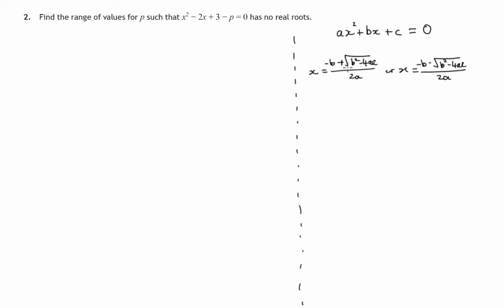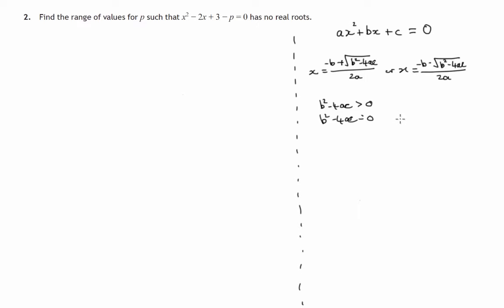However, when we look at what we're adding and subtracting, it's the square root of b squared minus 4ac. And if b squared minus 4ac is greater than 0, then we will be adding and subtracting a positive number, so producing 2 solutions. However, if b squared minus 4ac is equal to 0, then we're adding 0 and subtracting 0.